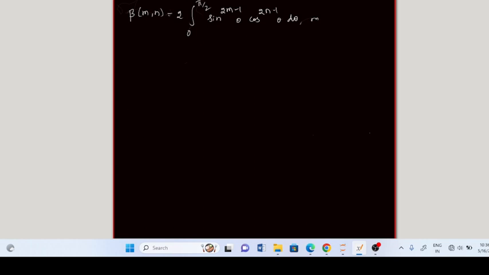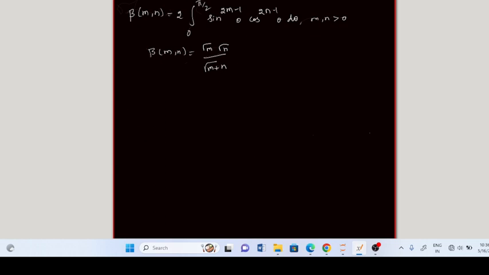Here m and n are greater than 0. And we have the formula relating beta and gamma function. Beta of m comma n, we can write it as gamma m into gamma n divided by gamma m plus n.